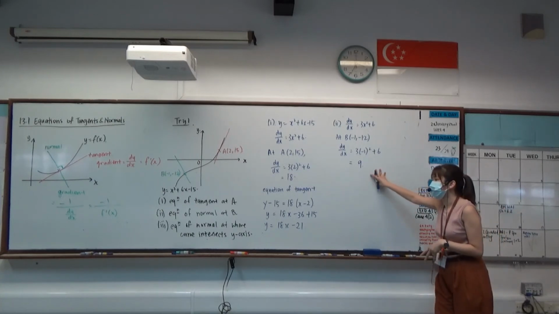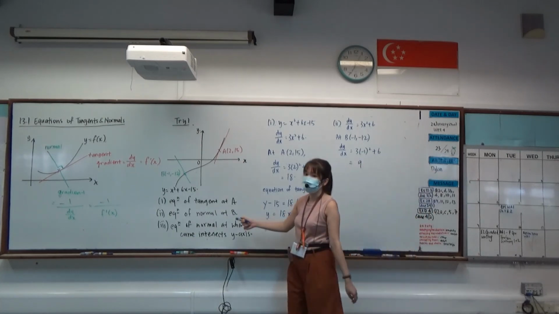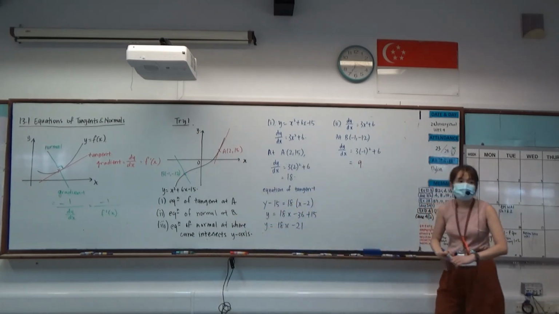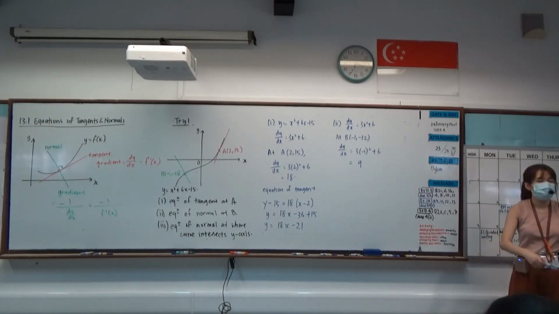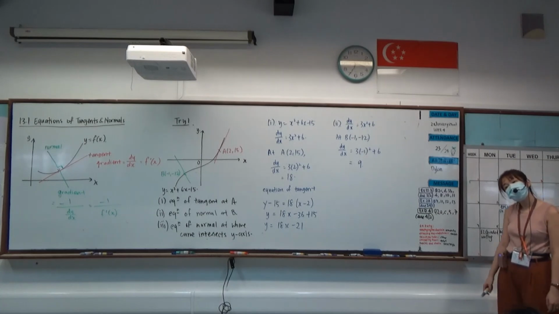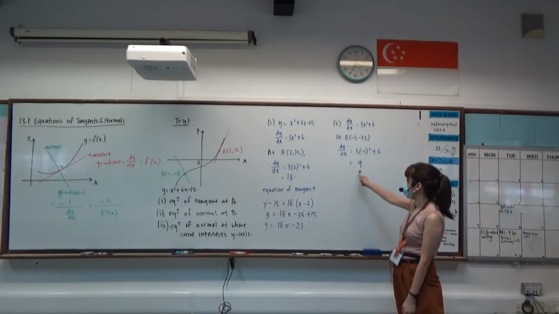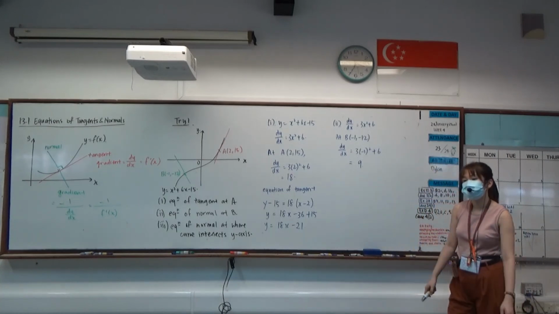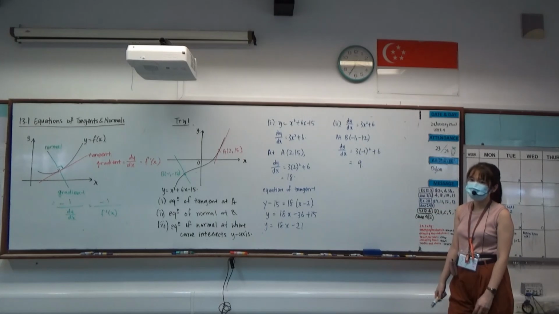Now that we have dy over dx equals 9, how do we find the equation of the normal? What do you think we need to do next? Ning-Hui, what do you think? Is 9 the gradient of the normal?